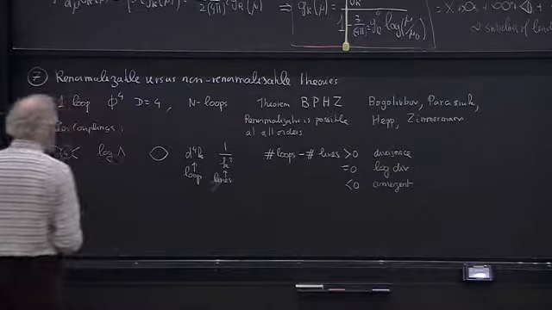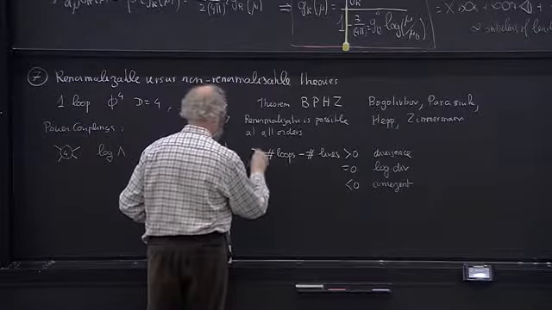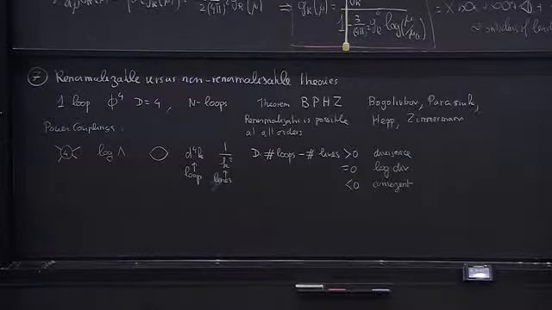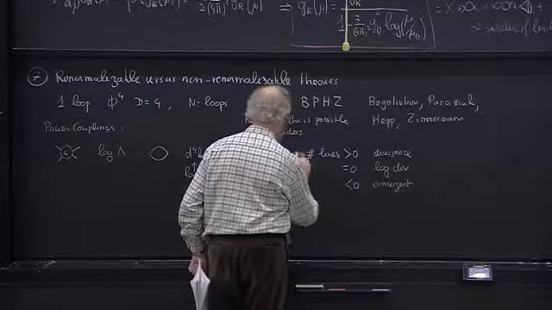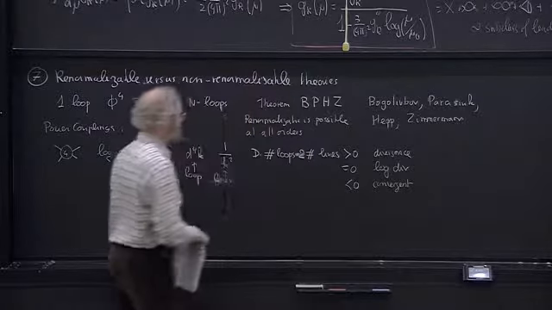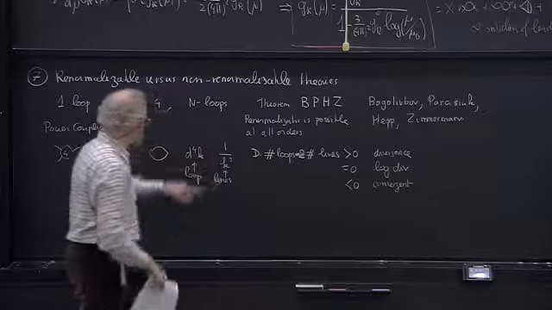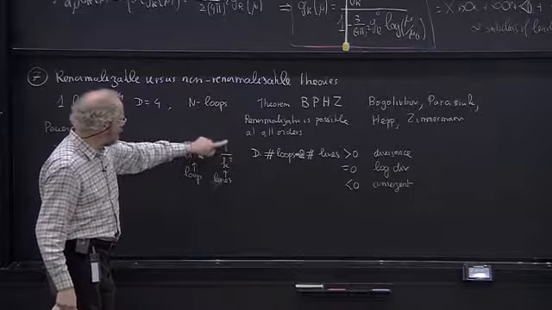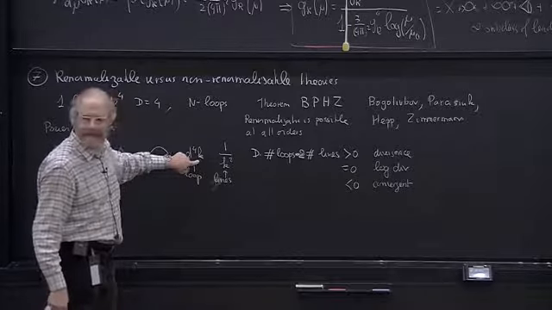Okay? But here there is a 4. So in fact, there is a d times the number of loops. And there is a factor 2. I'm sorry, no, there is a minus 2. Because each propagator, as I mentioned, is 1 over k squared, and each integral over the loop has dimension d.